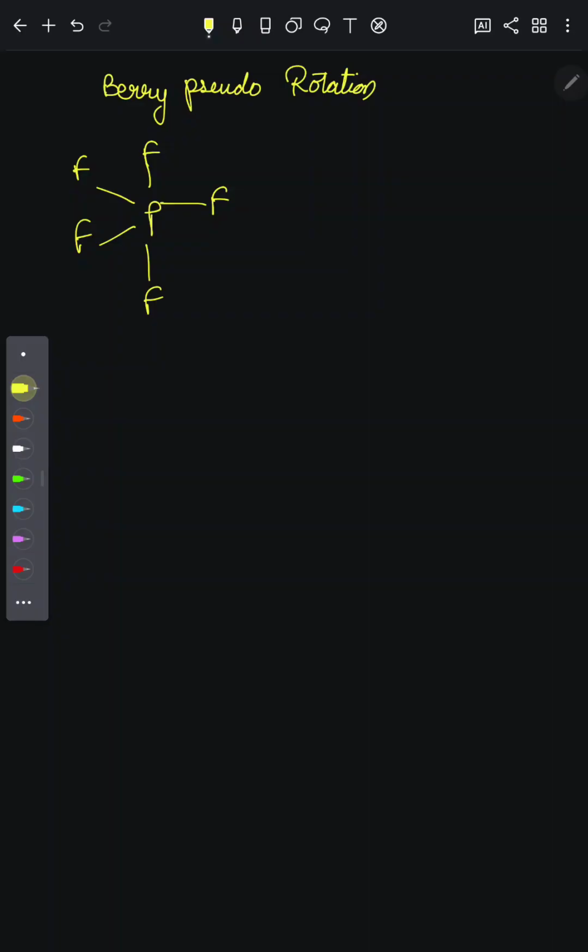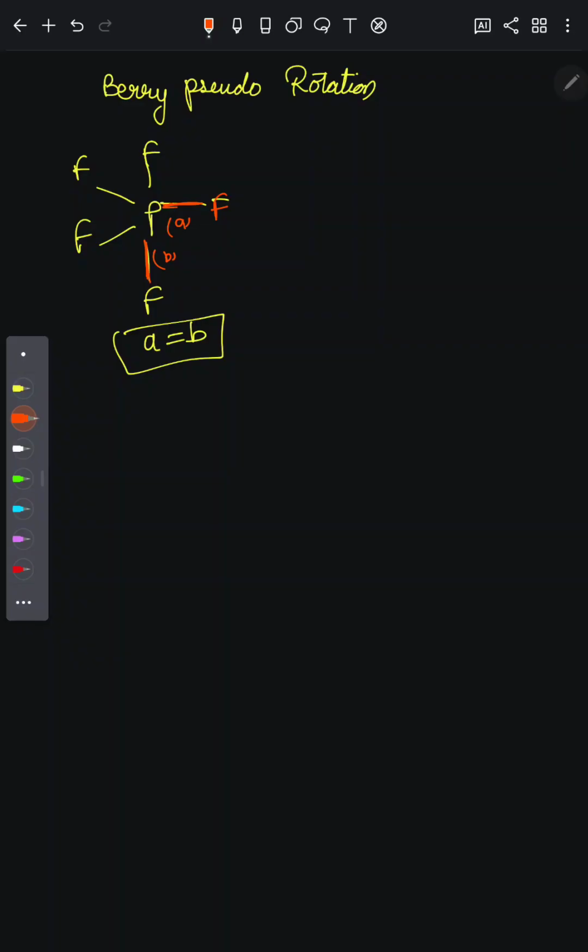So here A is equal to B. What is A and B? It means the size. If we consider X as A and as B, and the sizes are all equal, then the axial bond and equatorial bond are both equal.